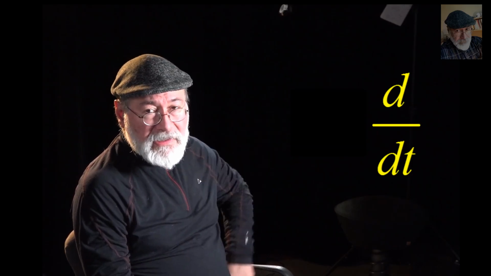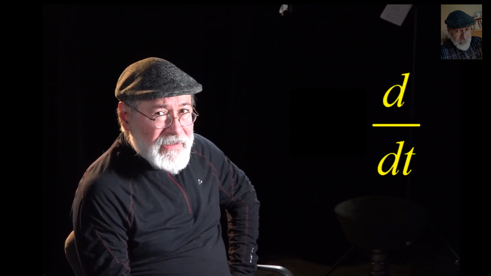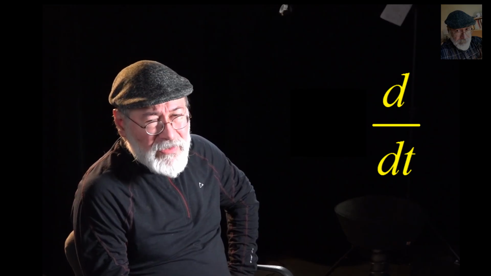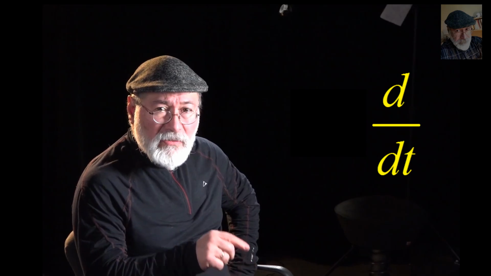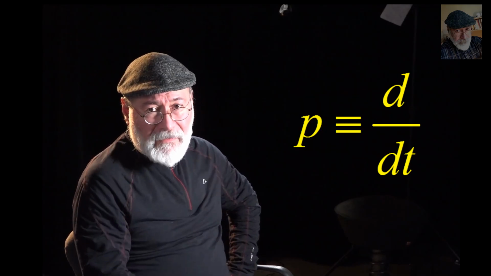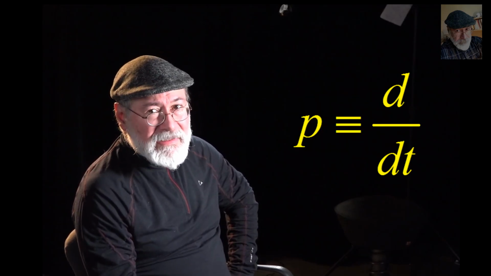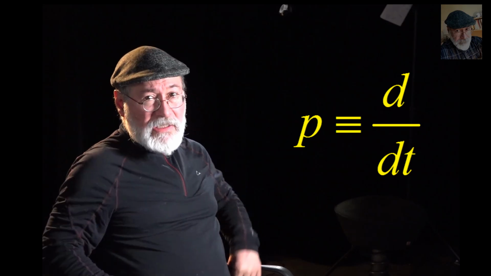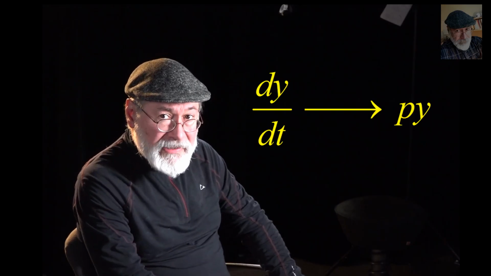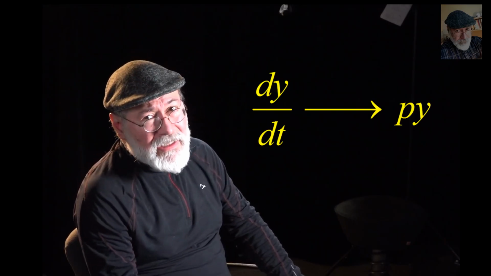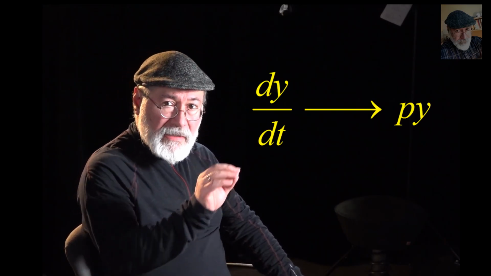Leibniz is utilizing a very convenient differential operator, d over dt. But Oliver says, how about we use instead a simpler operator? Instead of d over dt, we just use P, meaning exactly the same thing, so that whenever we see dy/dt, the derivative of y with respect to time, where y is a function of time, we write it simply Py.